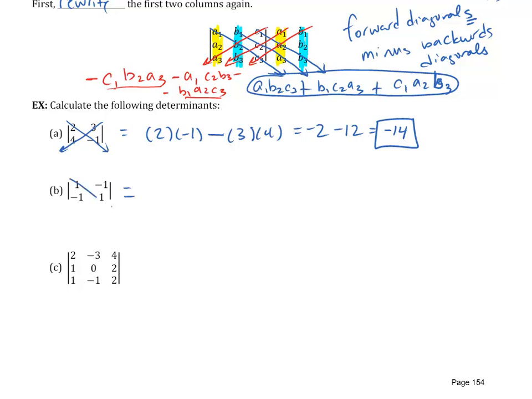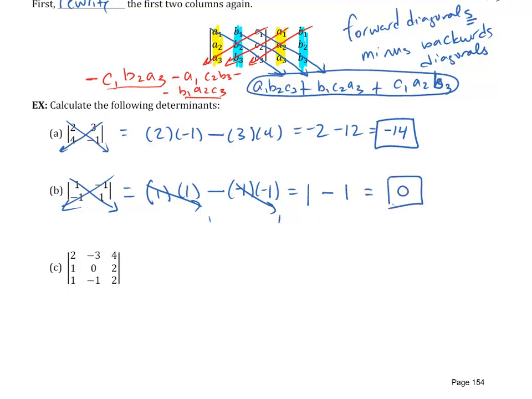Second one, same thing. Forward diagonal minus back diagonal. 1 times 1 is the forward diagonal minus a -1 times a -1, which gives me 1, because 1 times 1 is 1, and -1 times -1 is +1, so 1 minus 1 gives me a 0.